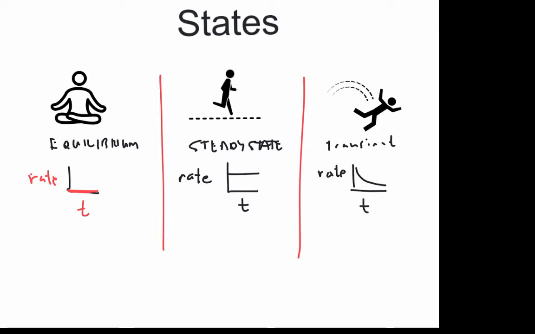Okay, in the last video, we looked at this notion of identifying the states, whether it was an equilibrium state, steady state heat transfer, or transient state heat transfer. What is plotted here is showing the rate versus the time.